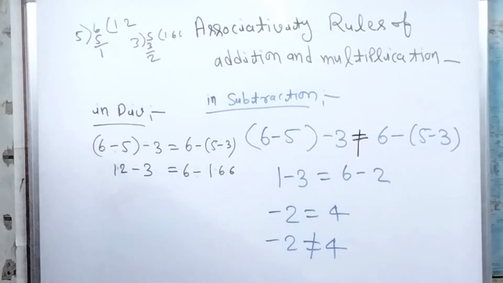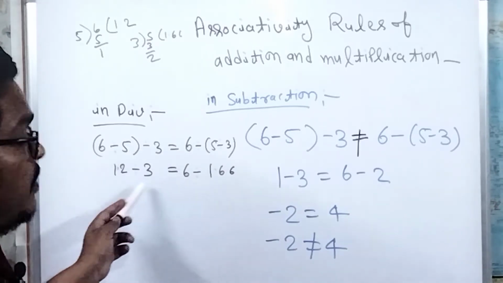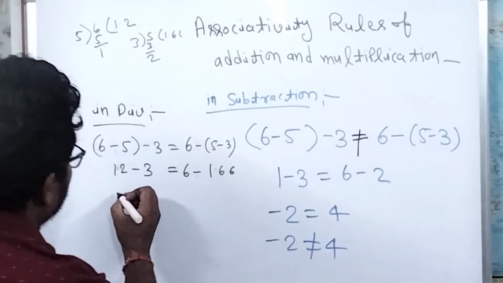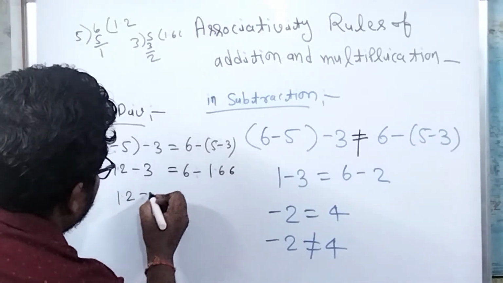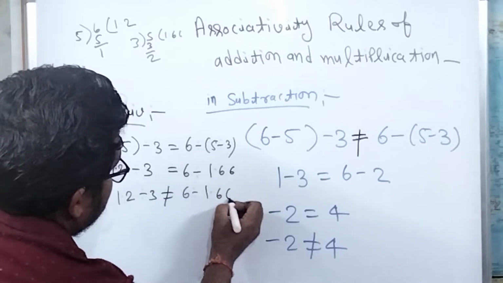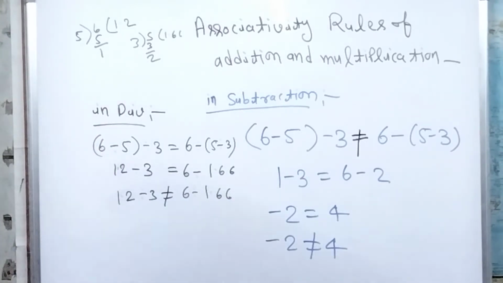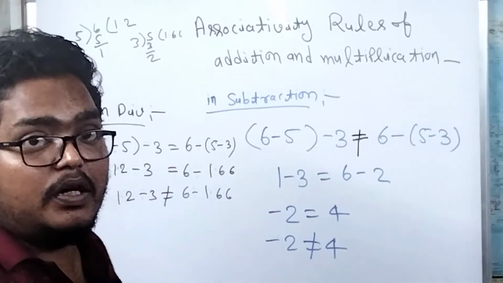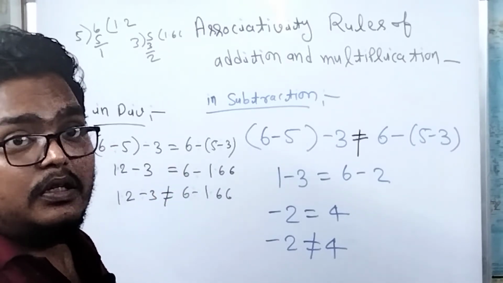Friends, here we see that when we solve both the values of division, this value is not equal. 1.2 divided by 3 is not equal to 6 divided by 1.66. So here we see that the associativity rule is only followed in addition and multiplication.